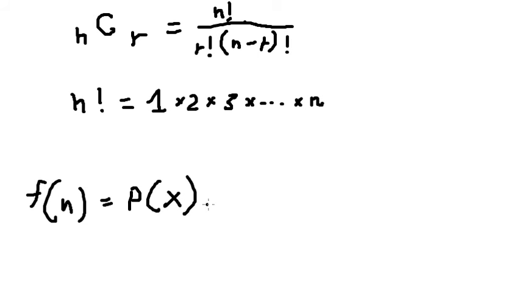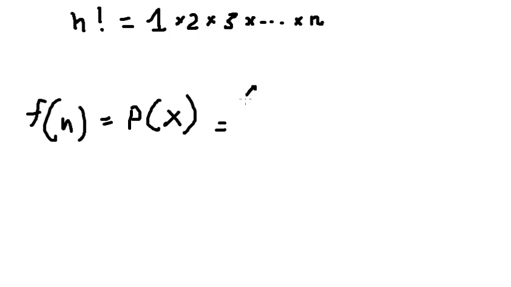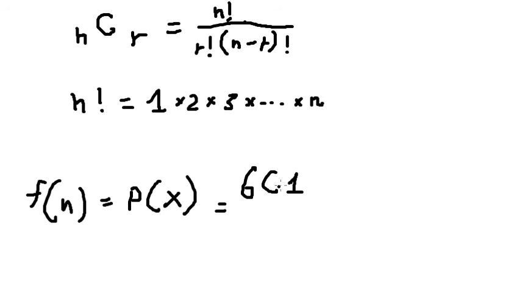In here I will put the black, because we select one black ball. That means we have 6C1. That means we select 1 out of 6, and we know that the probability of taking any ball is the same. That's why we need to use combination in here.